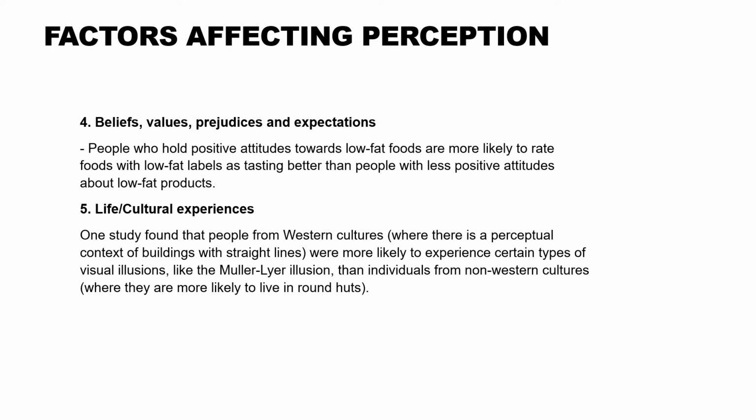If you reflect in your textbook on the Miller-Lyer illusion, you'll notice that in that illusion, you are determining the length of lines. And these lines that you're assessing have arrows that are pointing either over the line or in the opposite direction. So let's take a look at this.